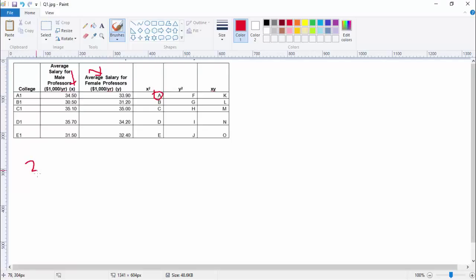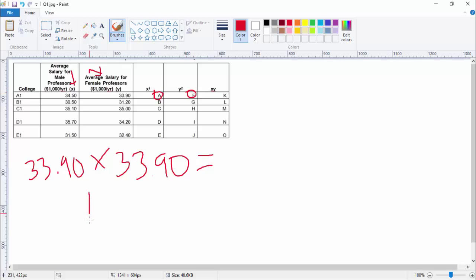So we're going to do 33.90 squared, which is exactly the same as 33.90 times 33.90. And that equals whatever f is, so f is this one we're doing, 1149.2.